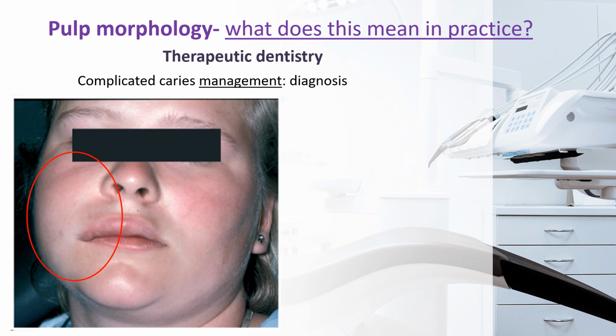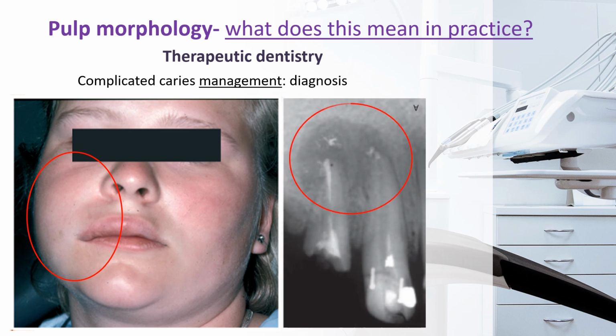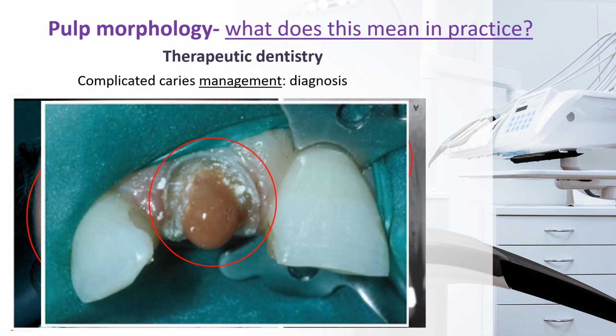Acute apical periodontitis. And of course, after opening the root canal, we will get a drop of pus, or maybe not a drop, maybe more.